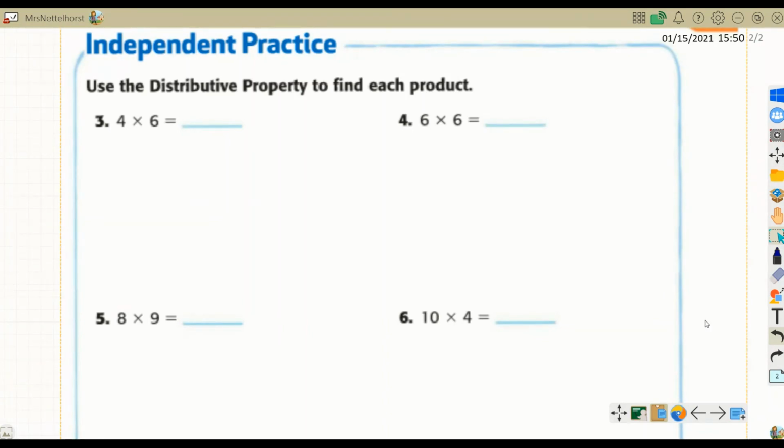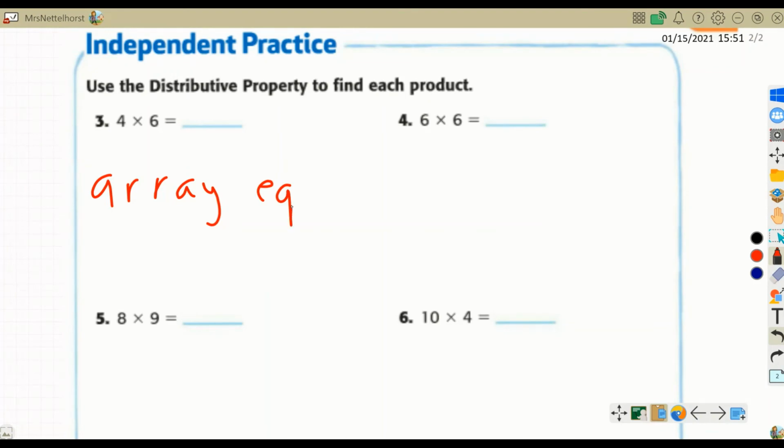So you will get a grade for putting an answer on the blue line, but you can do these without using the distributive property. That is why for every single one, you need to draw an array. That is an A, by the way, and the equation. So basically, you're doing everything we just did on the other two pages, but you're writing your own.